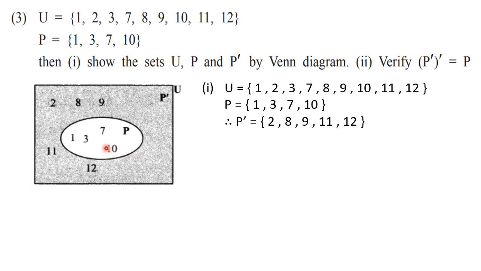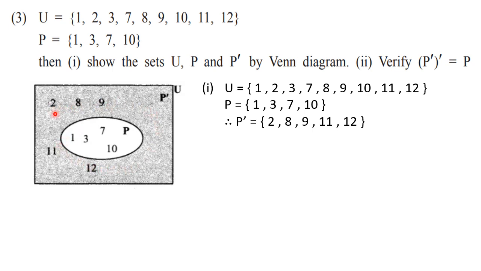You can draw a triangle, you can draw a circle. Here an oval shape is drawn. And in that you write down all the elements of P. They are 1, 3, 7 and 10. And outside this oval shape, where you can see the shaded region, you have to write down the elements from P dash, or the remaining elements from U. They are 2, 8, 9, 11 and 12.